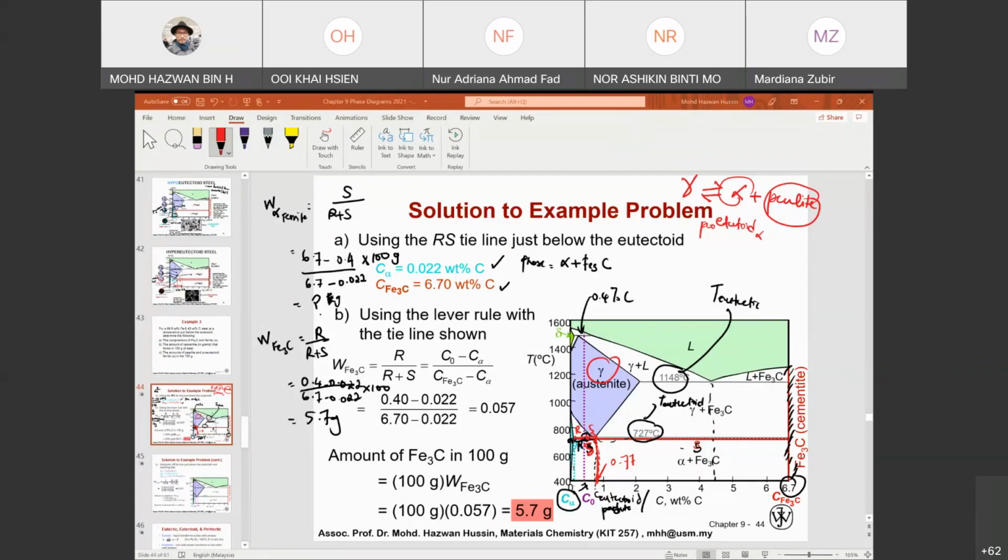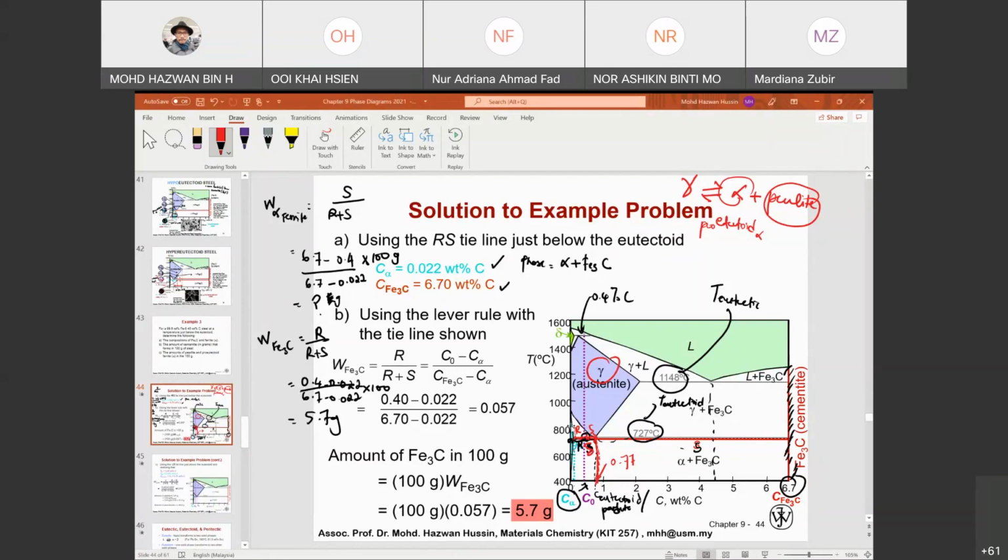So please calculate what would be pro-eutectoid alpha. And another one, Sin Yong Ong, are you there? Yes, doctor. Okay, can you calculate the weight fractions of perlite that forms?